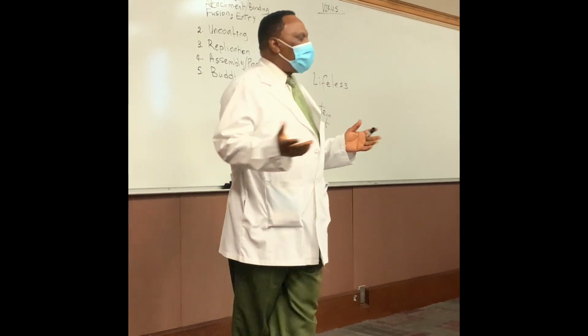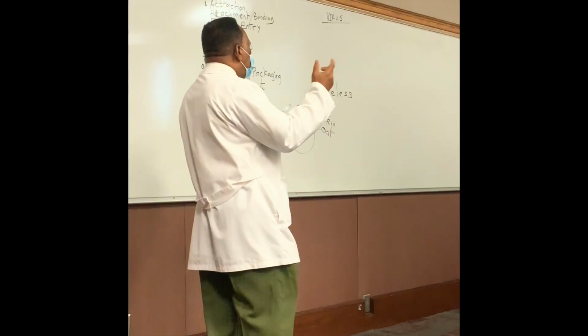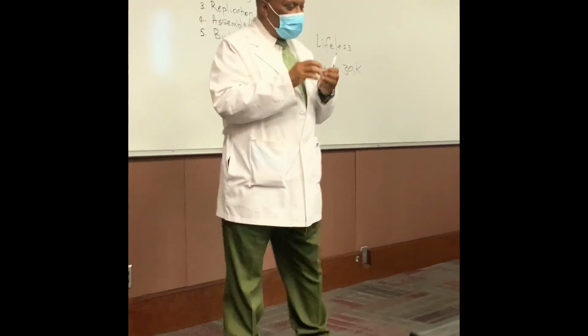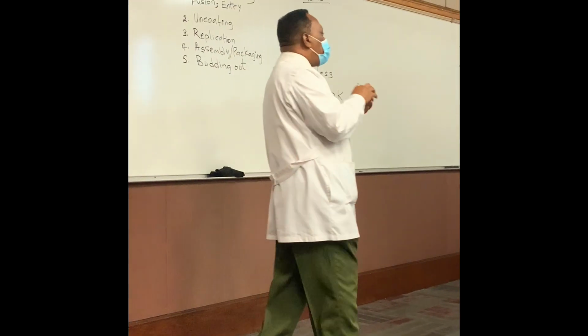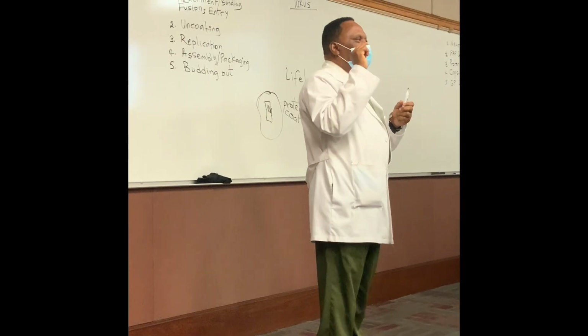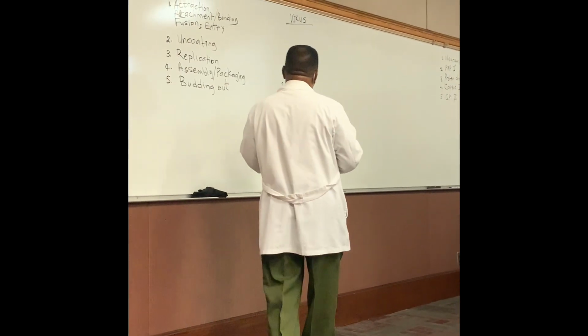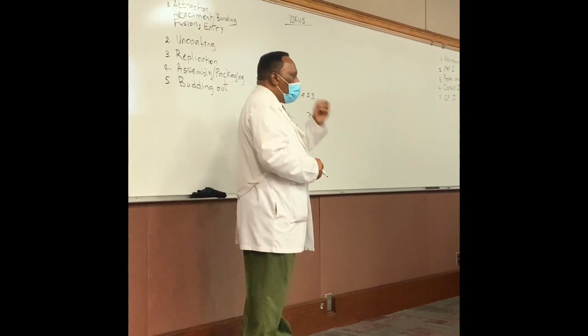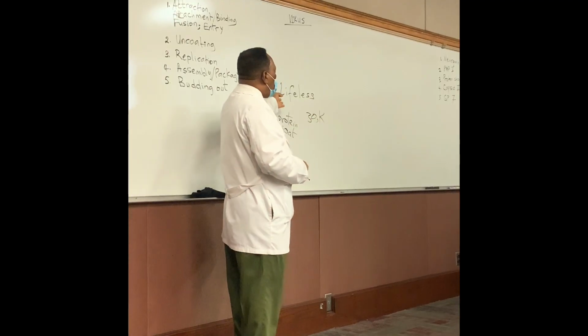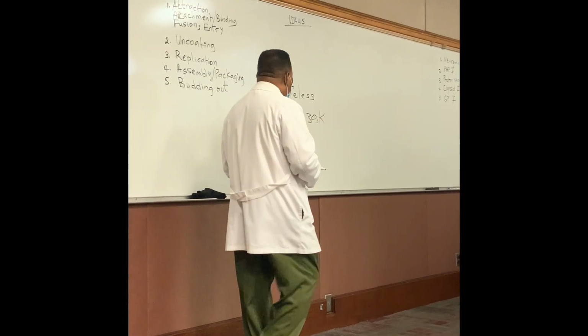And that's about what it is. Very tiny. 30,000 viruses can fit in one black-eyed pea. So it's very small, and it's a non-living organism because it's lifeless, or particle rather.